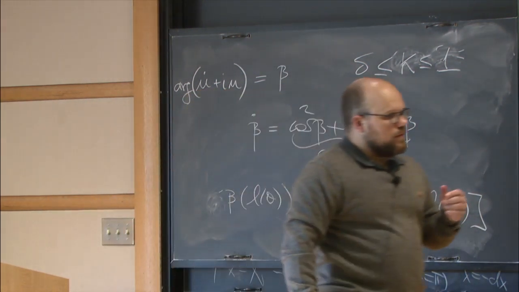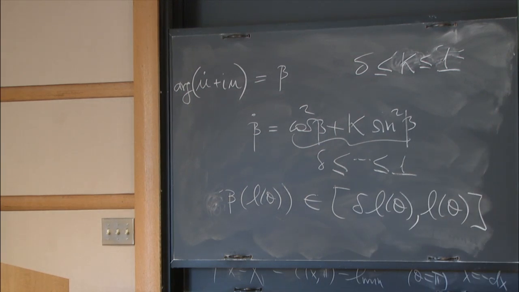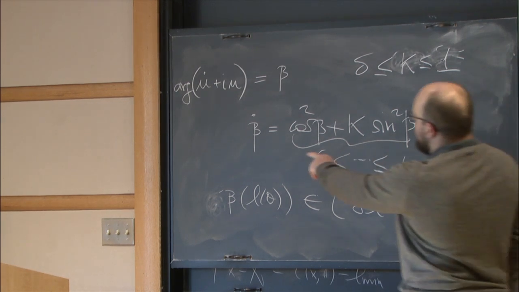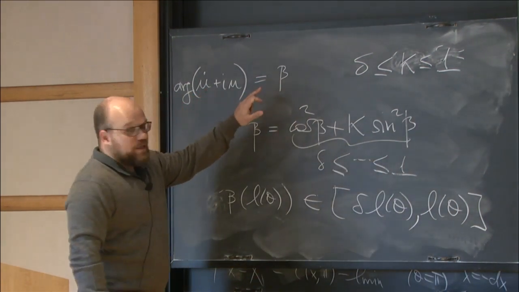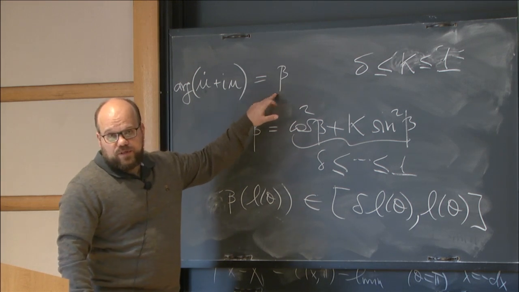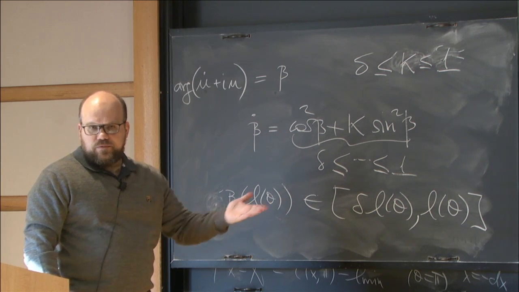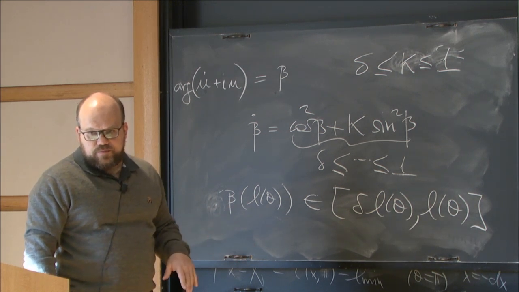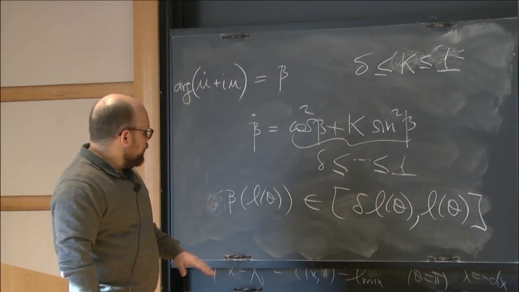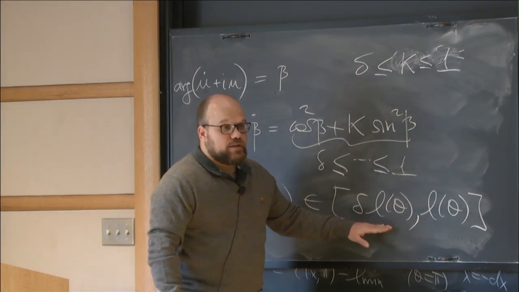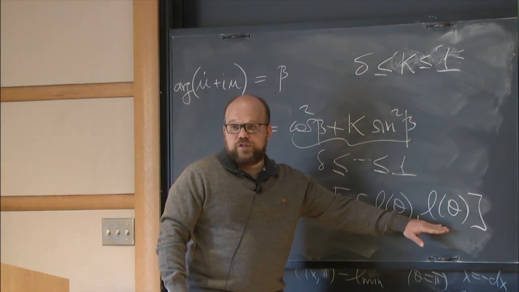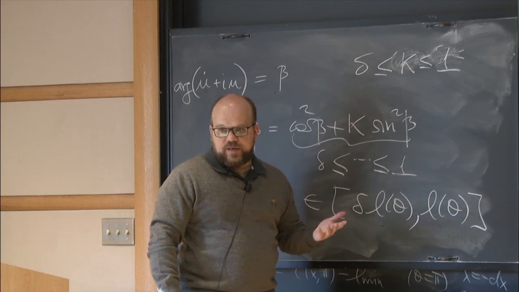So what? We want u prime to be negative. u prime is the first coordinate, the real part of this vector. So if we can be sure that its argument is between, let's say, pi over 2 and 3 pi over 2, then the first coordinate is going to be negative. So we should estimate this to be at least pi over 2 and this to be no larger than 3 pi over 2. That's the estimate we need to make.